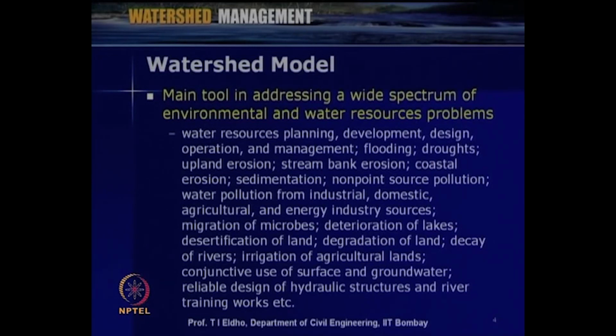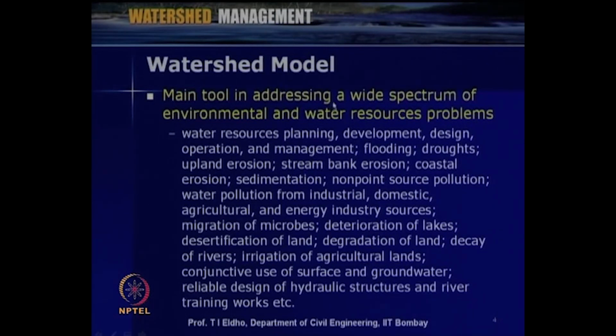The spectrum of problems that we can handle with watershed models includes water resource planning, development, design, operation and management. That means if you are going to develop a reservoir within the watershed, then we can see how to plan it, how to develop it, and how to manage it.